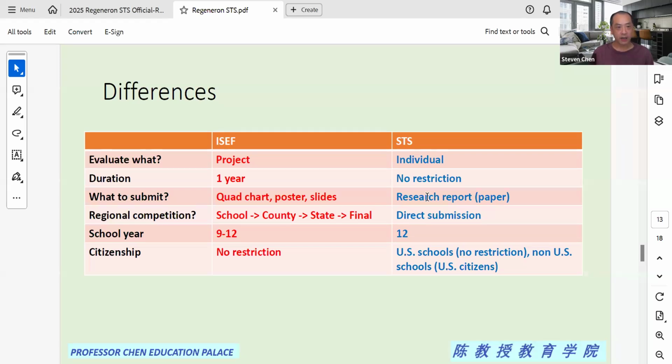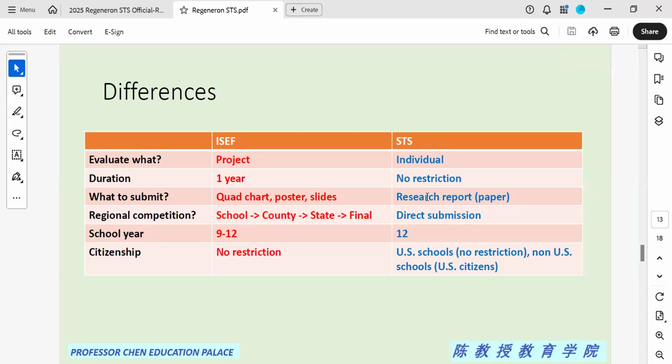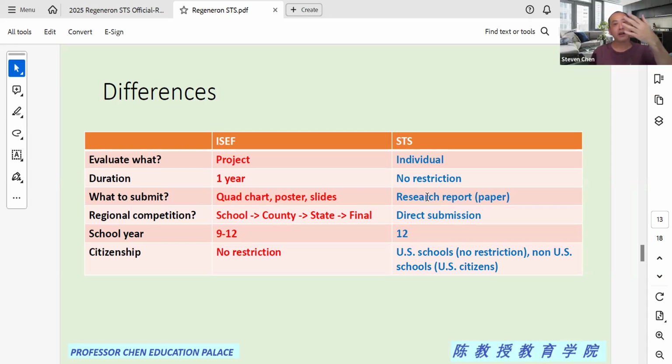And the second thing is about the duration. For SF, you know that you must submit a project that will stand within 1 year. But for STS, there's no such restriction because the point is that they want to evaluate an individual student's overall achievements in STEM over this student's entire high school period.